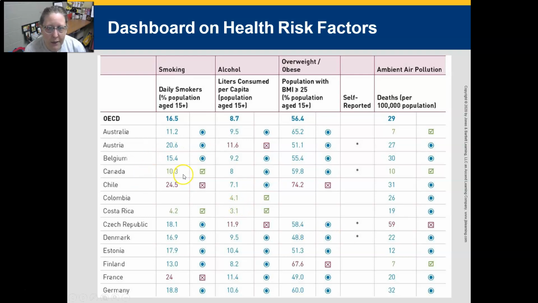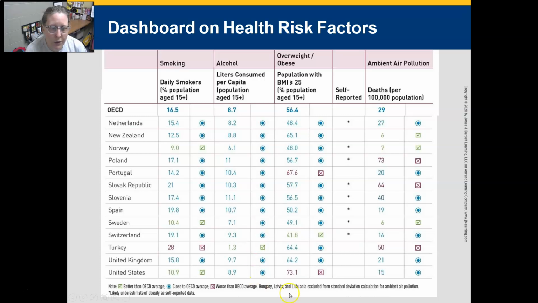And Canada has a lower smoking rate at 10.3 than the OECD average. Drinking is about the same, so 8 liters per capita, and BMIs stand at about 59.8, almost 60% of the population with a BMI above 25.